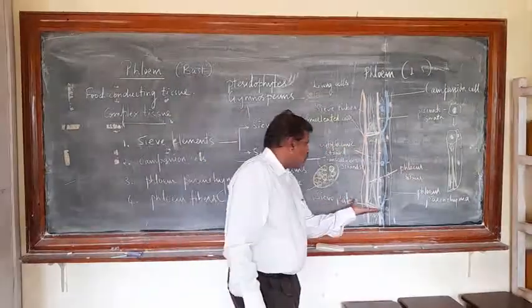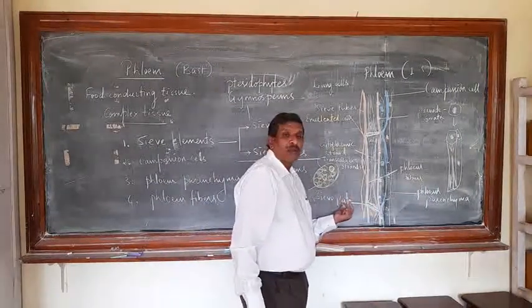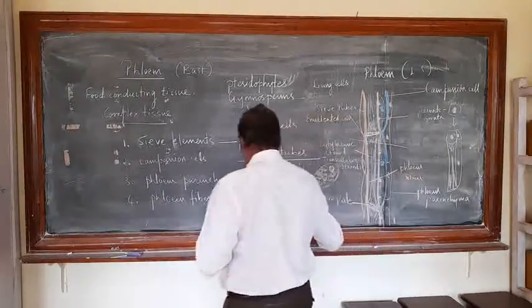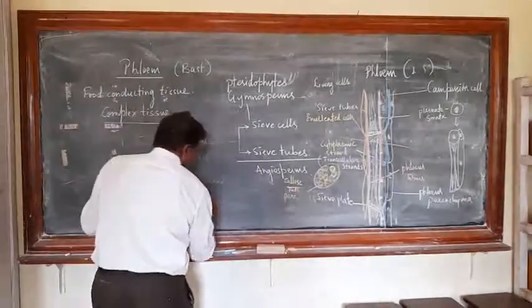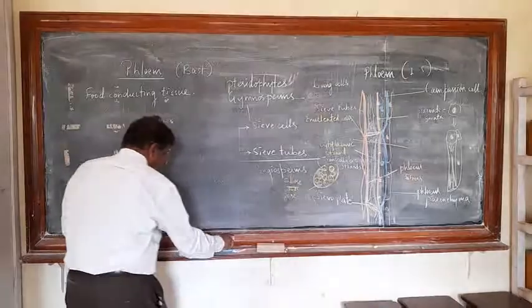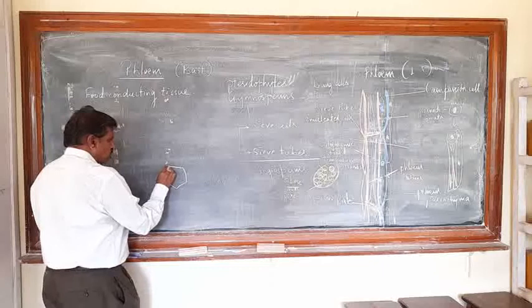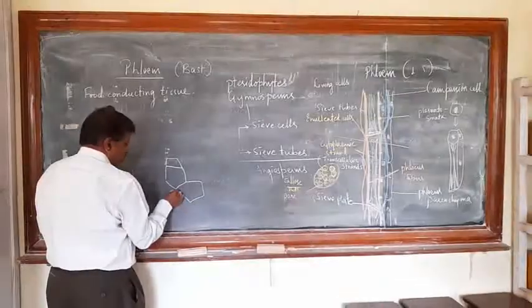This is how the phloem looks when you observe it through longitudinal section. Suppose you cut the phloem in the transverse plane and observe it in transverse section, how exactly does it look? Phloem more or less looks like this. You can observe somewhat polygonal shaped cells.